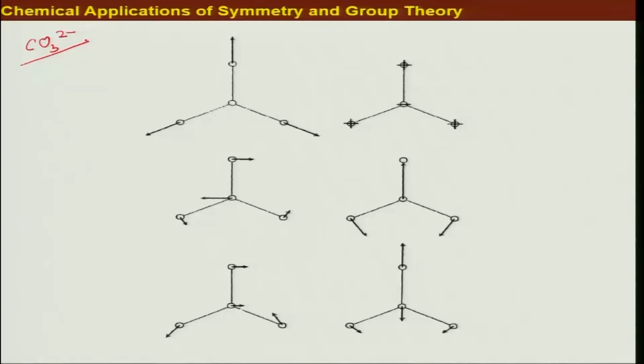Using that formula, for the carbonate ion, which we are taking as a planar molecule, the number of normal modes is 6.